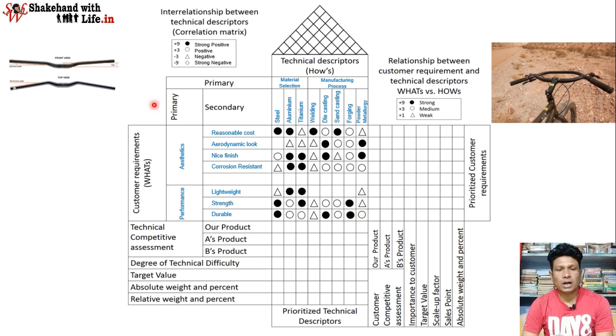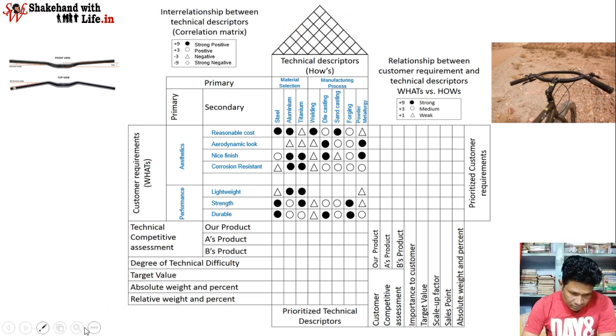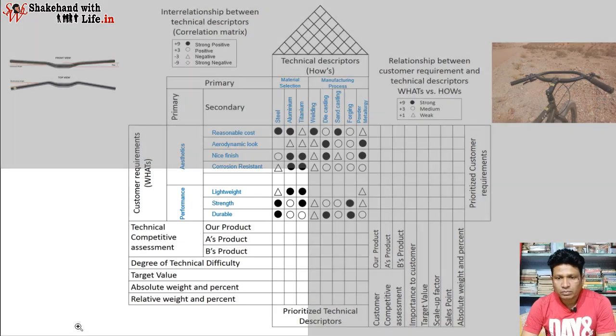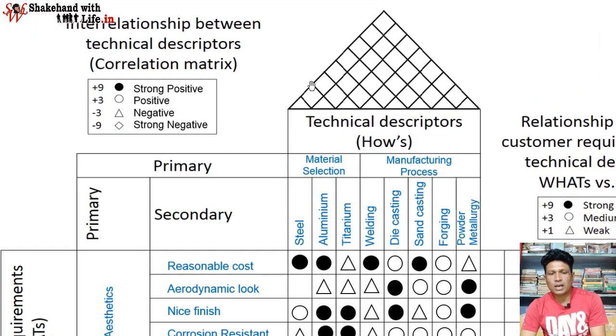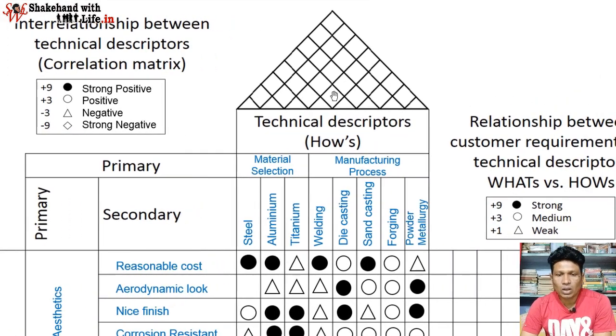Now we study the interrelationship between technical descriptors, that is the correlation matrix, here on the top of the house. If I zoom in, you can see here the interrelationship between technical descriptors, and this is known as the correlation matrix.